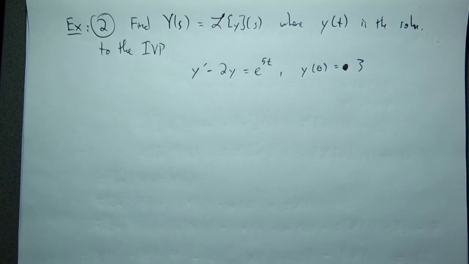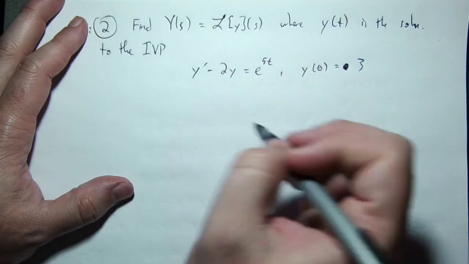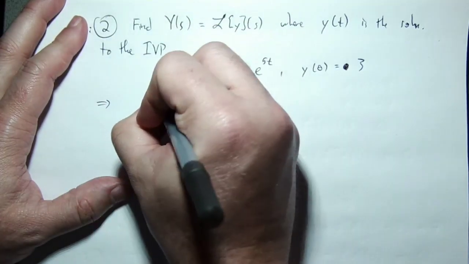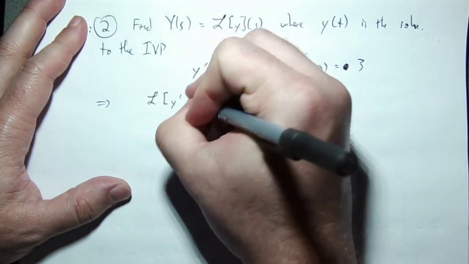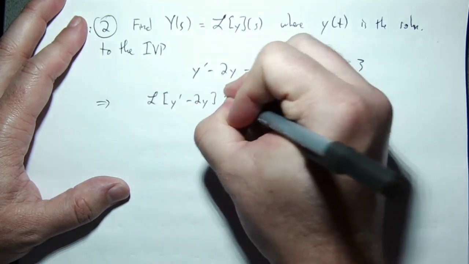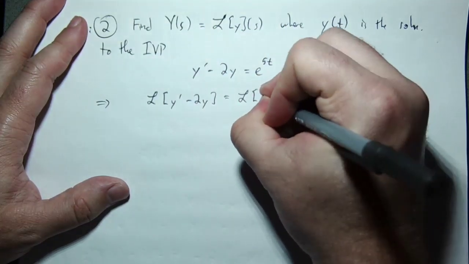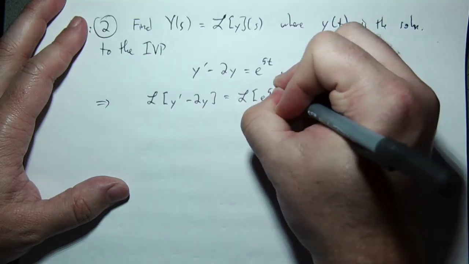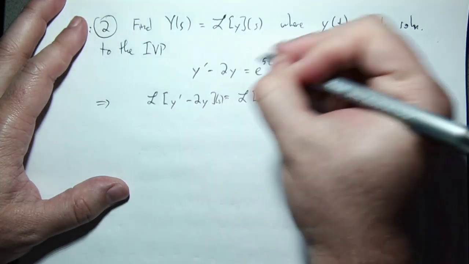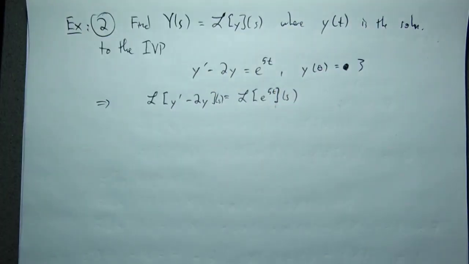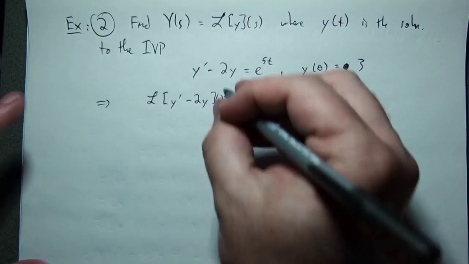Okay. So then, how do I do this? I do the exact same thing that I did for the other case. I hit this with the Laplace transform. So the Laplace transform of y prime minus 2y is equal to the Laplace transform of e to the 5t. Technically there's an s here, but I will suppress that sometimes for shorthand.